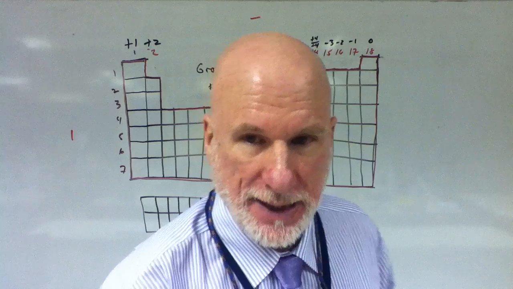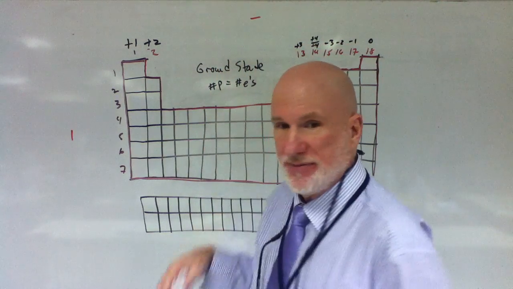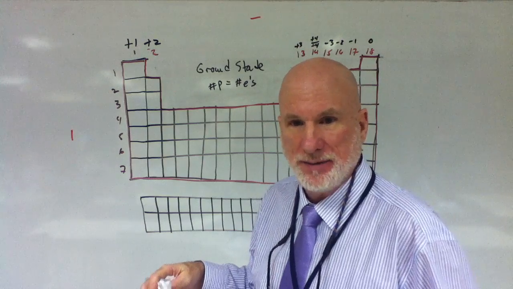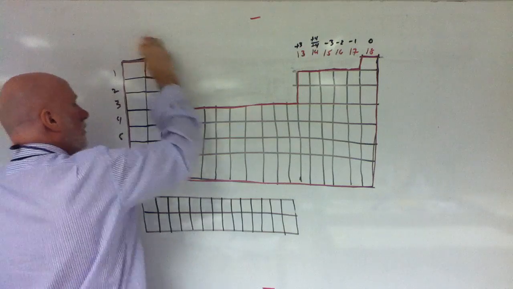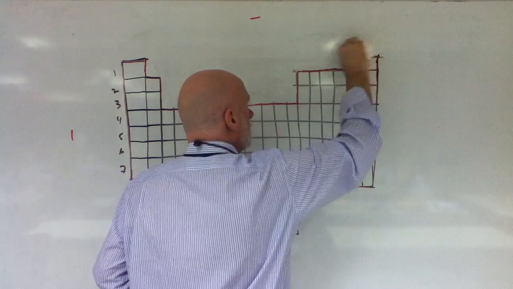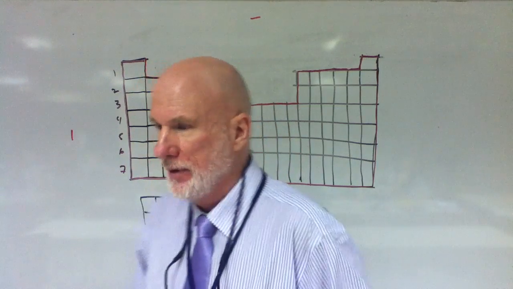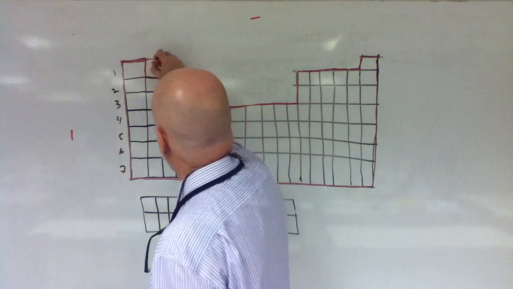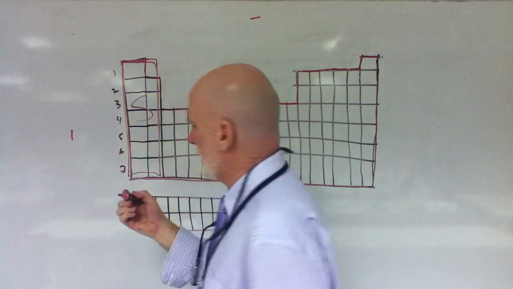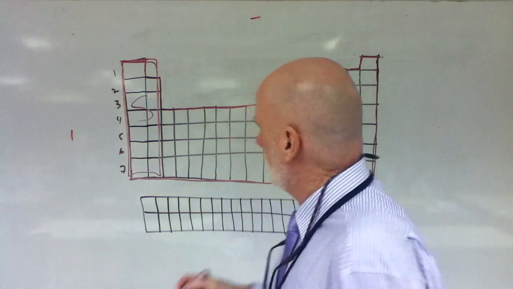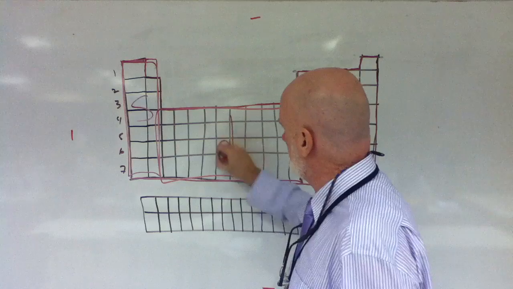Now, the next thing. There are 4 sections to the periodic table. I'm going to erase some of this stuff, because it's kind of in the way. Is that all right? Okay. There are four sections to the periodic table: there's the S section, there's the D section.